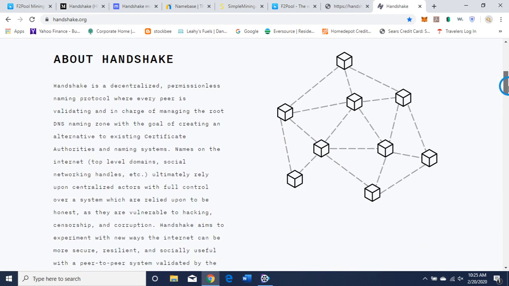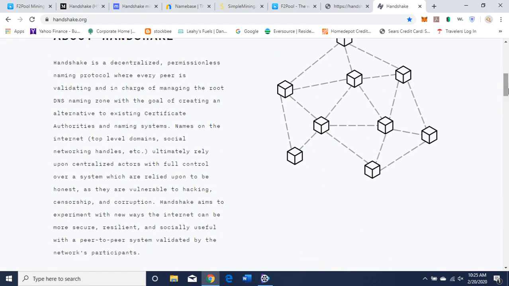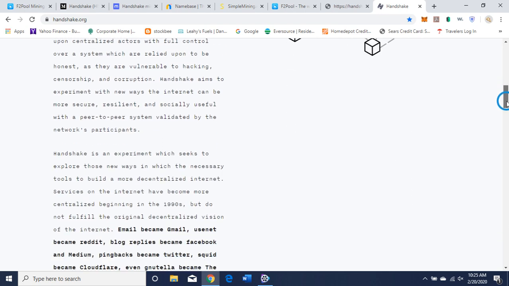So about Handshake. Handshake is a decentralized permissionless naming protocol where every peer is validating and in charge of managing the root DNS naming zone with the goal of creating an alternative to existing certificate authorities and naming systems. So you can continue to read on that when you get a chance. I'm going to move on.